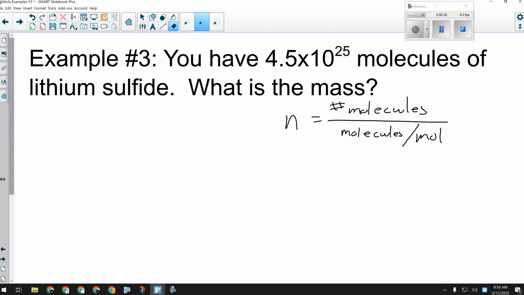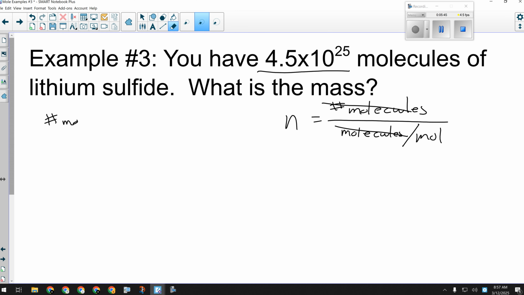That's what Avogadro's number is. It's the number of molecules in 1 mole. So when I divide the number of molecules by Avogadro's number, the molecules cancel and I'm left with moles.